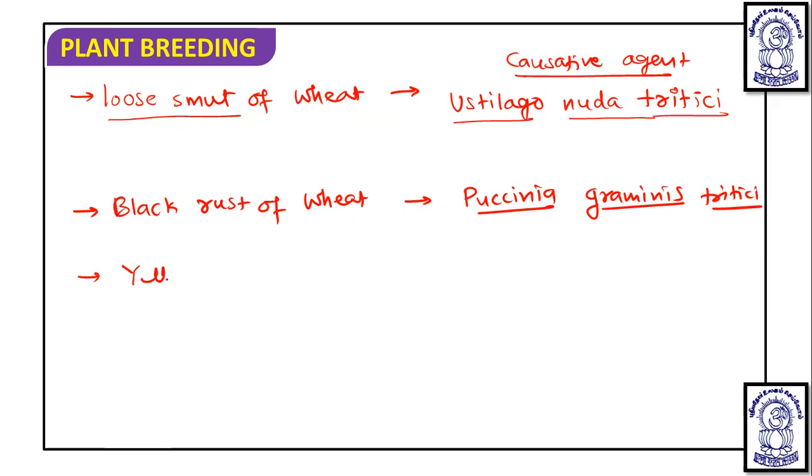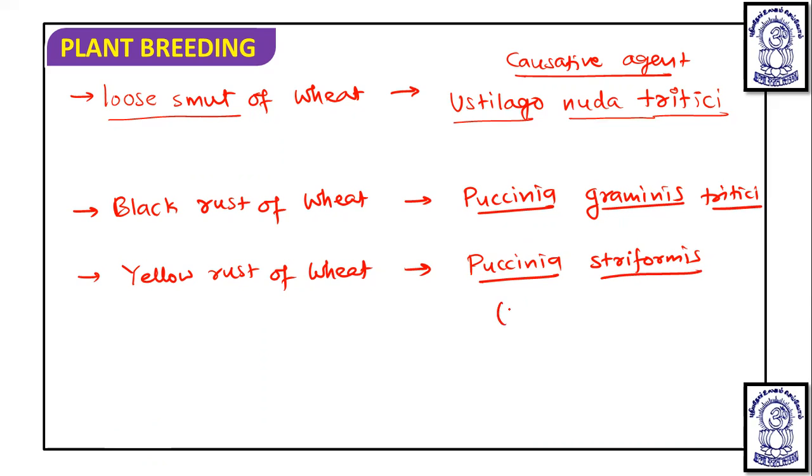Then there is yellow rust of wheat, which is caused by Puccinia striiformis. And this Puccinia striiformis is also known as Puccinia glumarum. So these are all the fungal disorders which are caused by fungi.